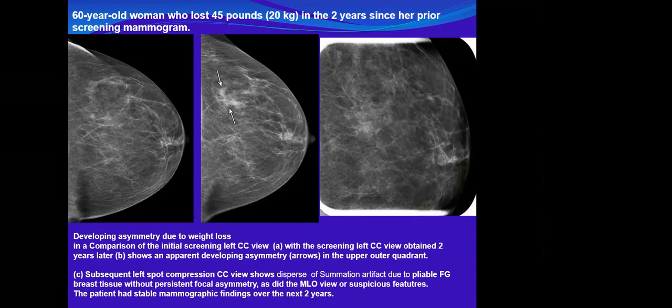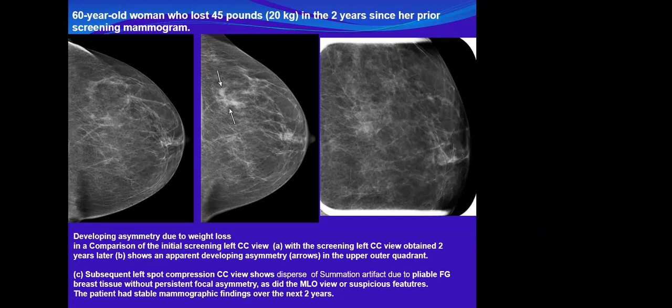The only thing is spreading tissue. So it's not rigid, it's not fibrotic. It shows some changes, so we are dealing with fibroglandular tissue, and this developing asymmetry is due to the weight loss.